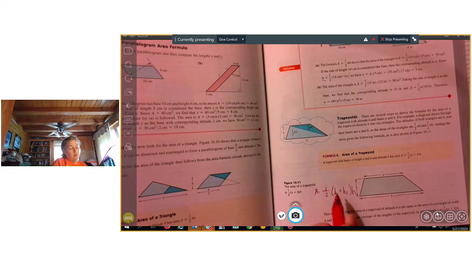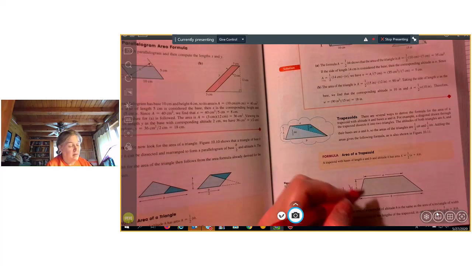So you're doing the same formula, but now here, because it's not a triangle, it's actually a trapezoid, these two bases are parallel to each other, and because of that, we've got to add them and then divide by 2 to get the length of our base. So that's why we do this. These are two different bases. We add them together because they're parallel, and then we divide by 2, and that gives us our base, and then multiply it times our height that we're given.